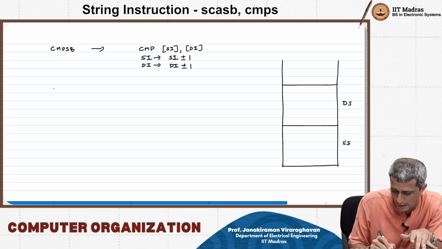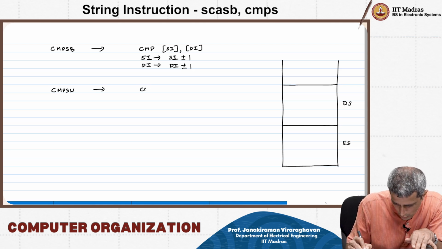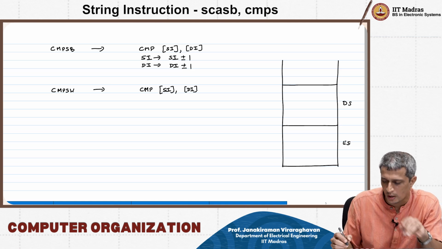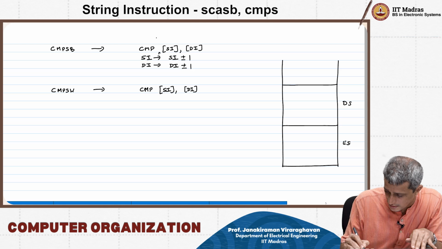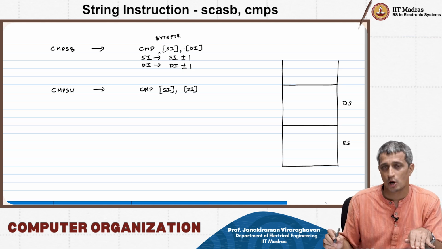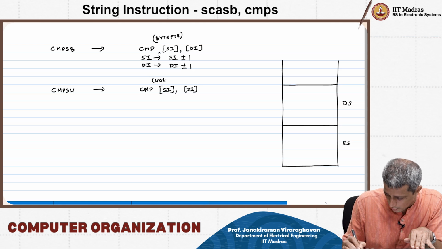So you can also do CMPS word, which effectively is going to compare contents of SI with DI. Remember, very important, here it is actually a byte pointer. Implicitly I am not writing that here. Out here it is a word pointer, right?